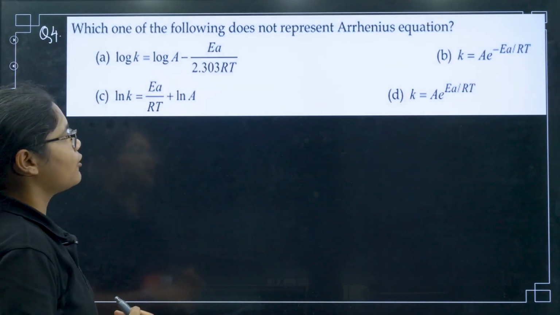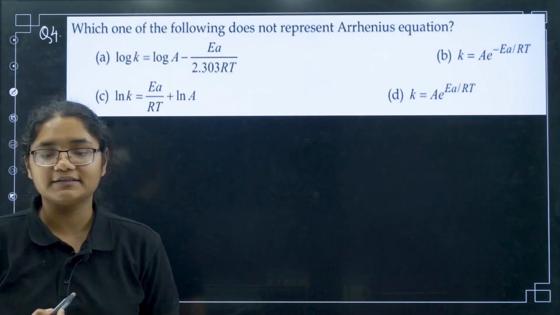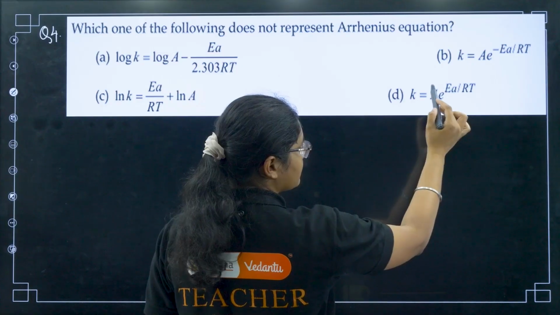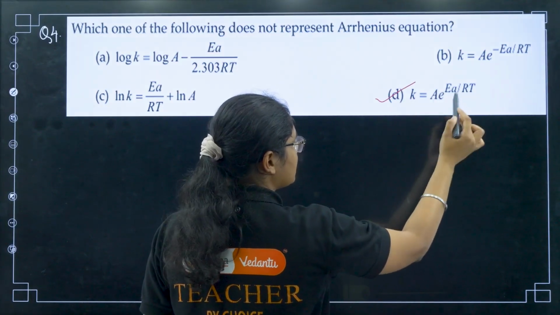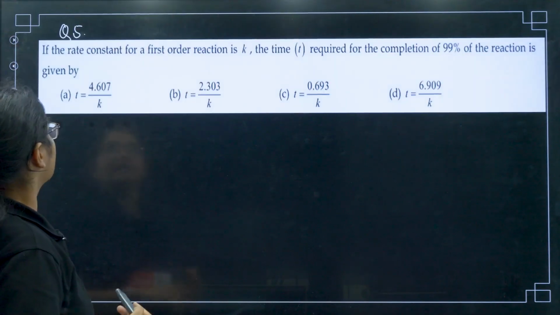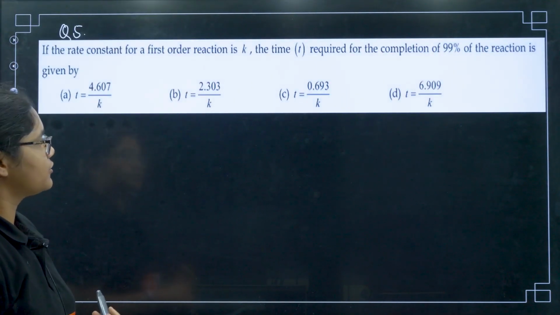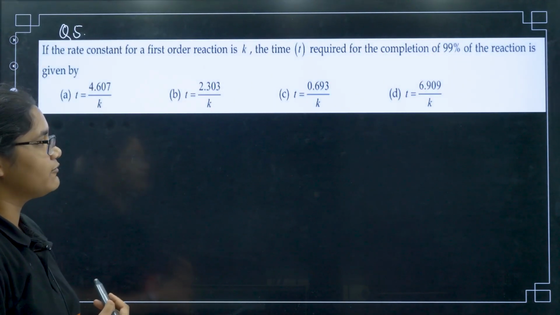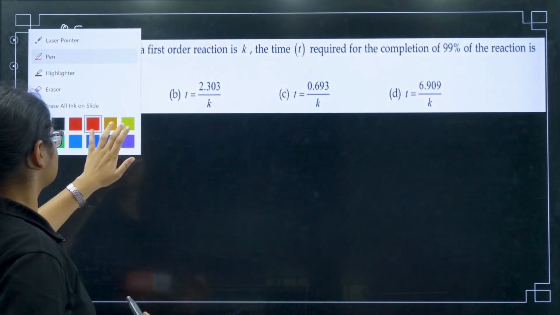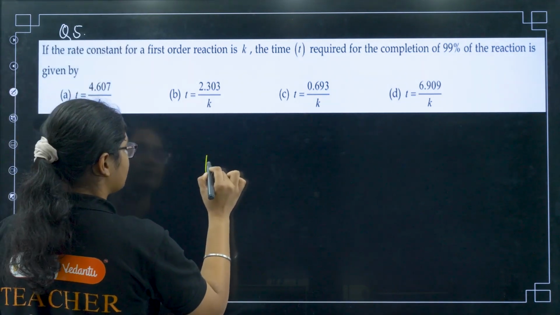Next, which one of the following does not represent an Arrhenius equation? You know the Arrhenius equation: K equals A into e to the power of minus Ea by RT. Here it is given positive, so it does not represent. Next, the rate constant of a first order reaction is K. The time required for 99% of the reaction is given by?